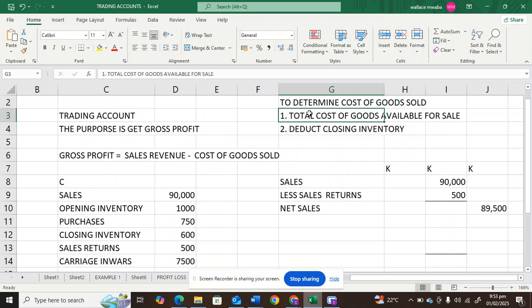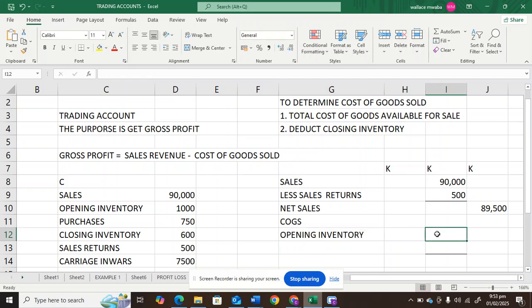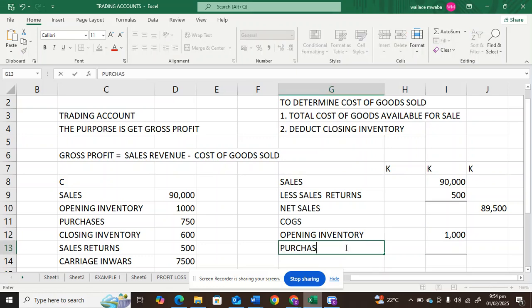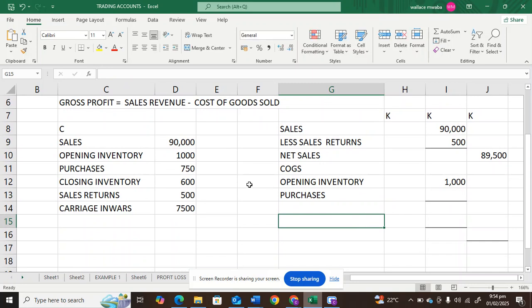So first things first, when determining your cost of goods sold, you need to record your opening inventory. Opening inventory 1000. After that, you need to record your purchases, the goods that you bought throughout the year, how much they cost. These are the goods for resale. In this case, we bought goods worth 750 kwacha.